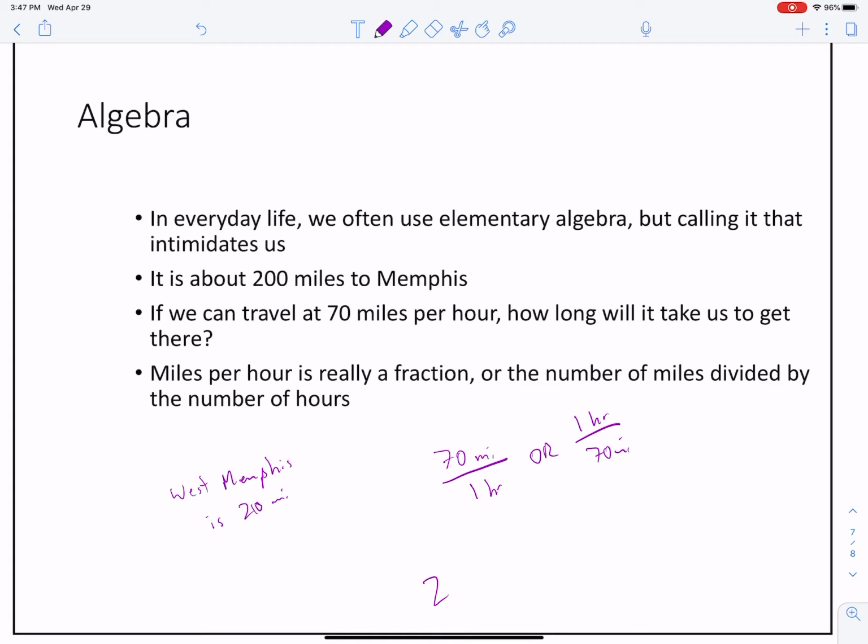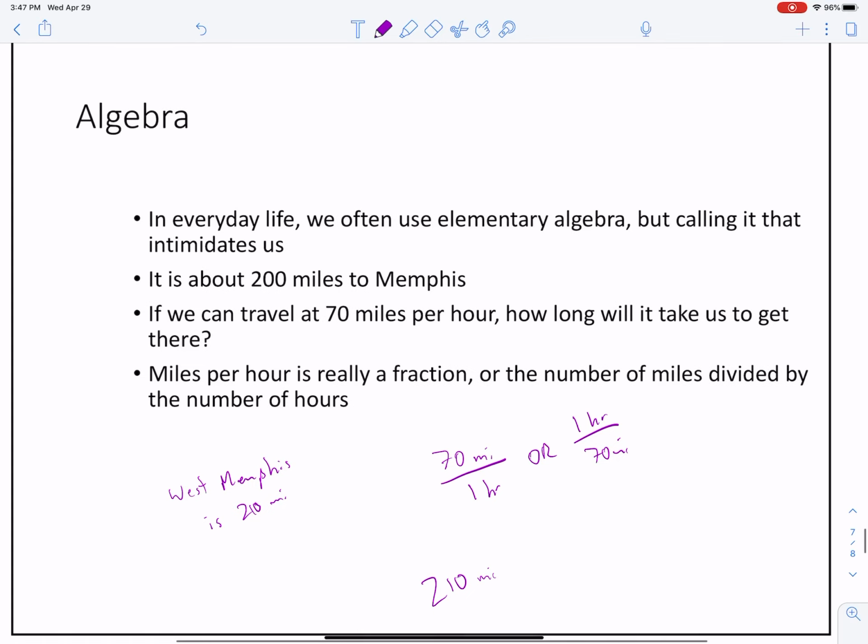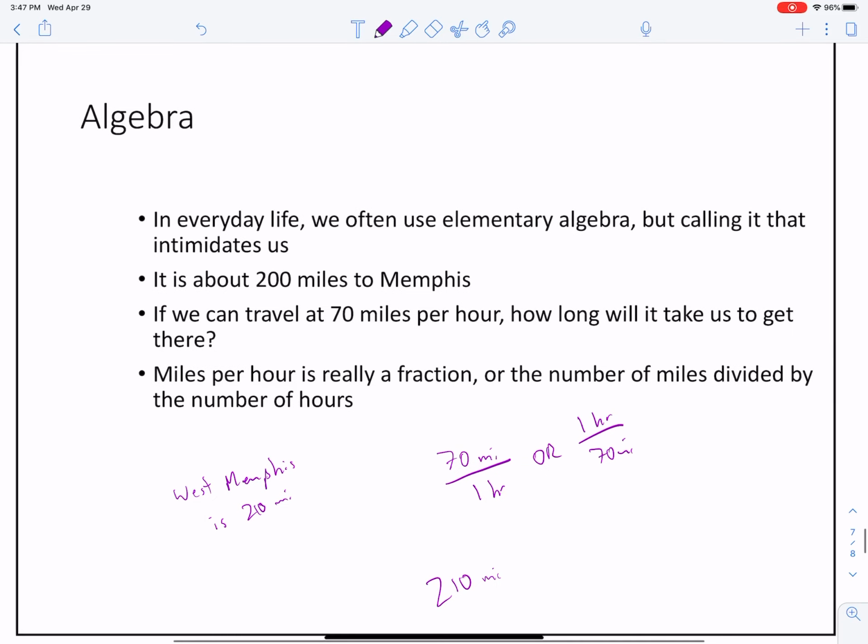So if I have 210 miles to get to Arkansas from where I live, remember, I've got to use that unit factoring, that tool that we were talking about earlier. I need to get rid of miles, right? And to get rid of miles, I need to put miles in the denominator like this. So then that's 70 miles, 1 hour. 210 divided by 70 is equal to 3 hours. So it's going to take me 3 hours to get to West Memphis.